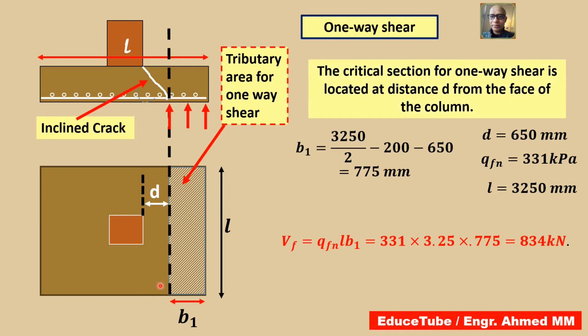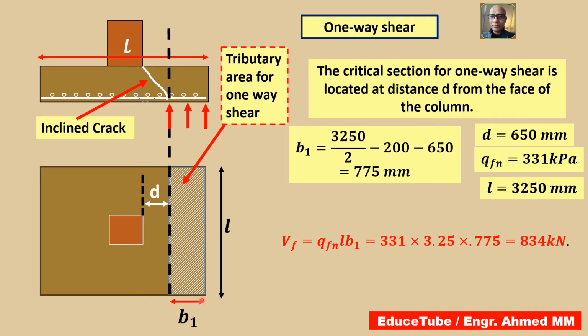As I mentioned, one-way shear is located at a distance D from the face of the column. So we need to find D. D is 650, already we know. QFN is 331 kPa, we have seen in the previous slide. L is 3250, we know that. So we need to find B1, this one.